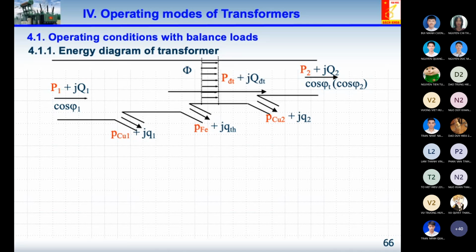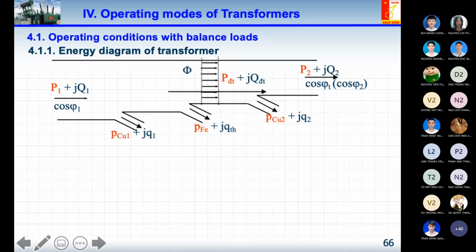Because for doing that, we have to reduce all the losses coming from the electrical machine in general and from the transformer in particular. It means that we have to think of many ways of reducing the losses coming from the primary winding, from the iron core, and from the secondary winding.